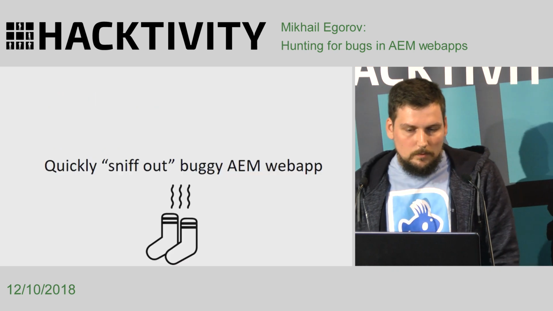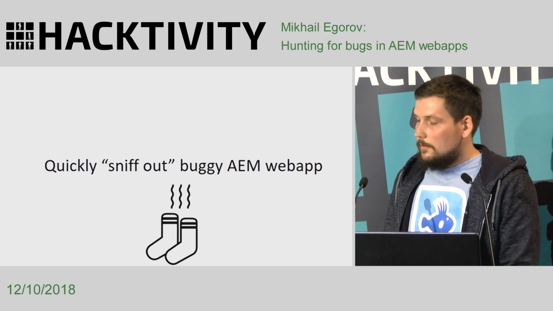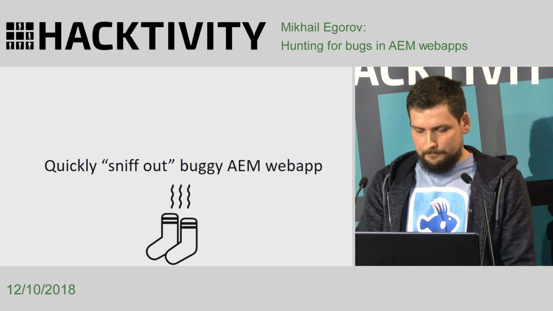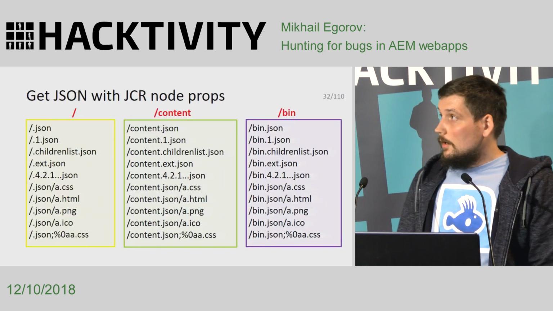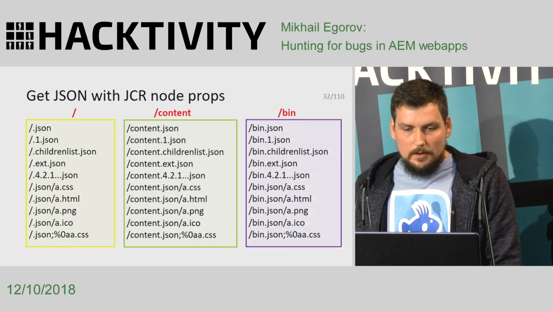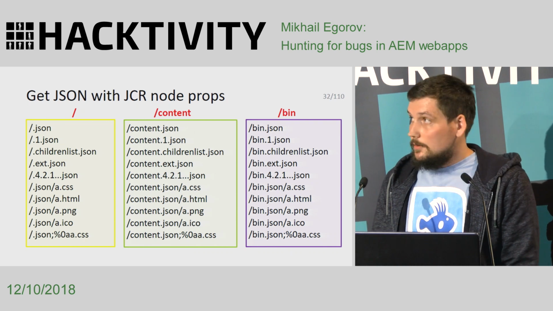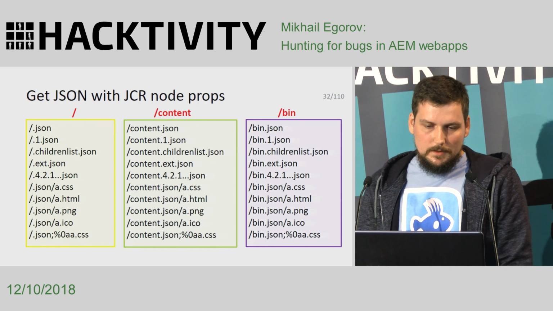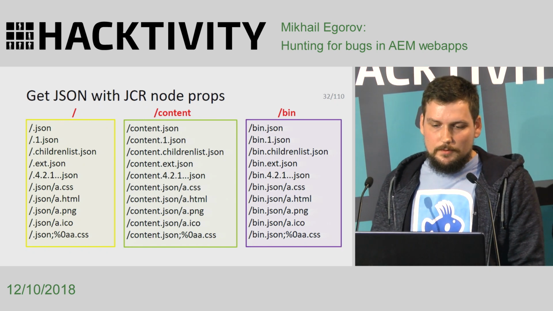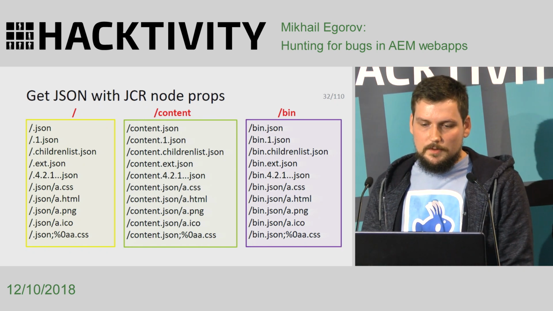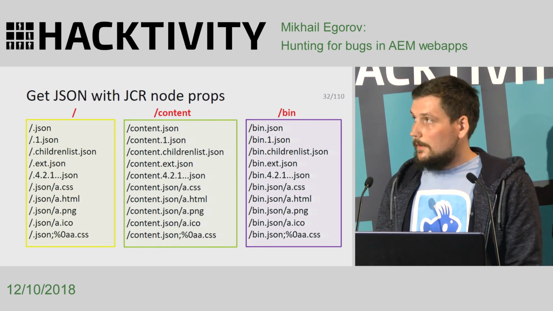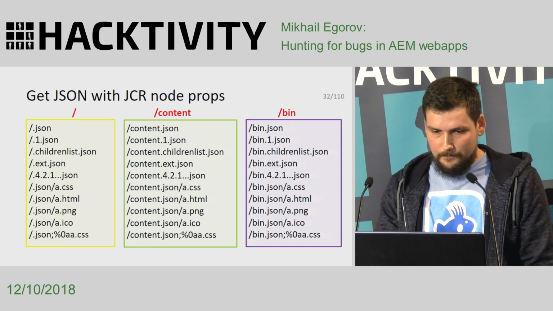Now let's move on and discuss how we can quickly separate smelly AEM web apps from secured ones. On the first step, we can try to access routes presented on the slide. If we get JSON in a response that contains properties or values that have such words as jcr or sling or cq, we are facing an AEM web app.